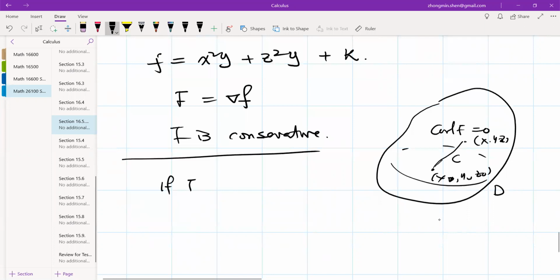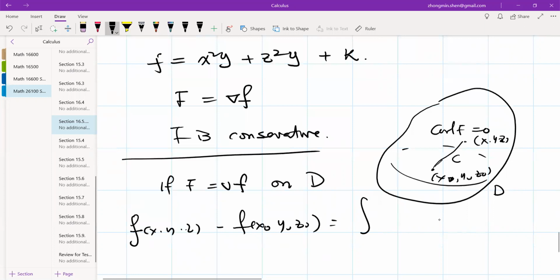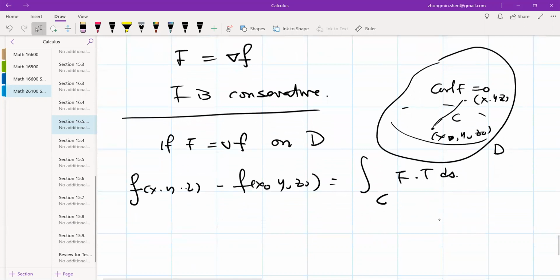If F is the gradient of f on this domain D, then for a fixed point, f(x, y, z) is going to be the line integral of F dot dr. This can be the integral from A to B of F dotted with the derivative of gamma(t), dt.